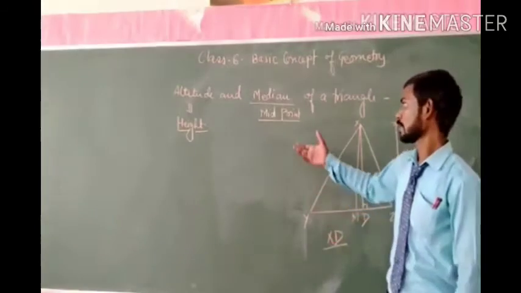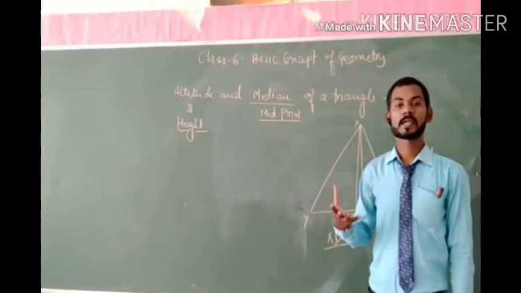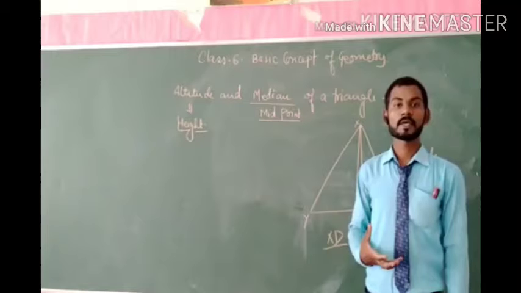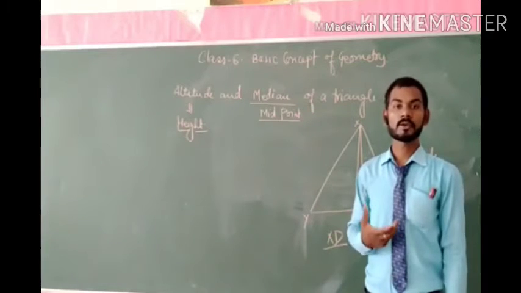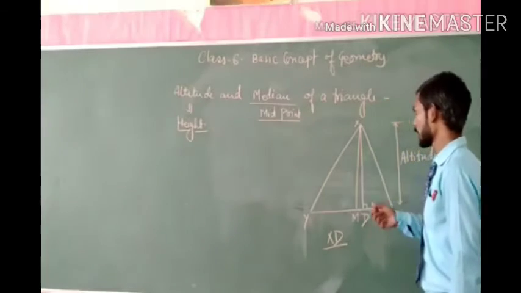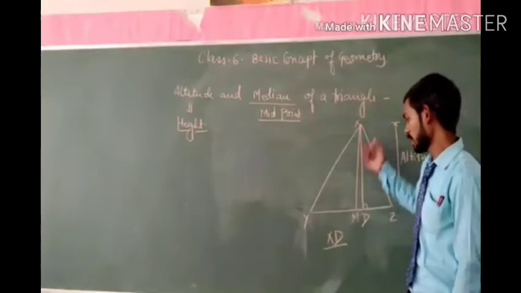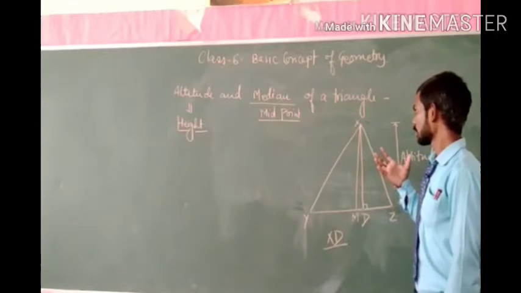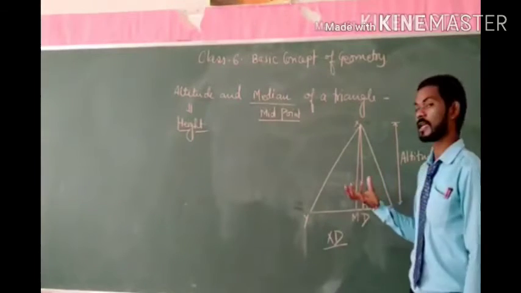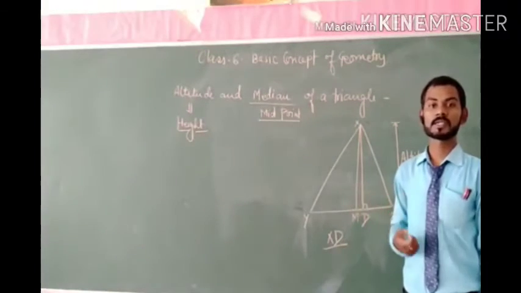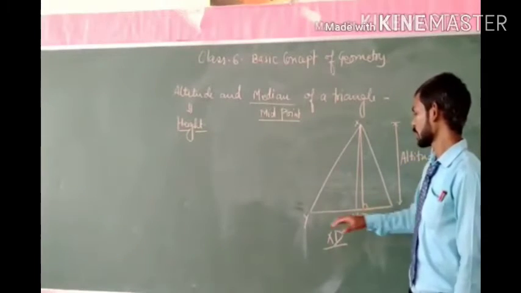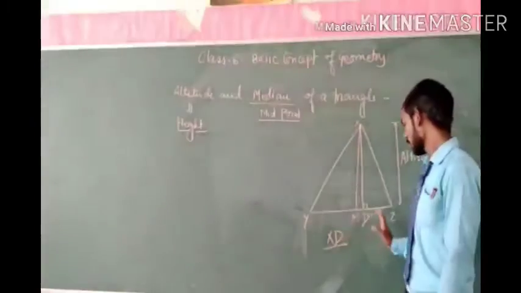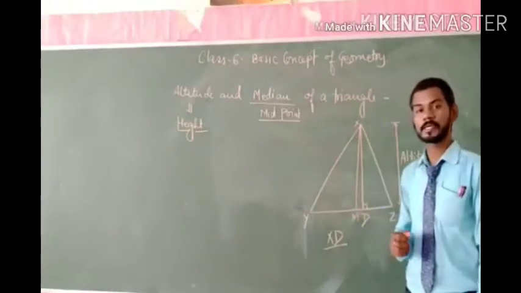So we define the median as the line segment from the vertex to the midpoint of the base. Here you can see that X is the vertex and YZ is the base. We are not sure in this figure which point should be the vertex in the case of a median, because if Y is the vertex, then XZ becomes the base, and if Z is the vertex, then XY is its base.